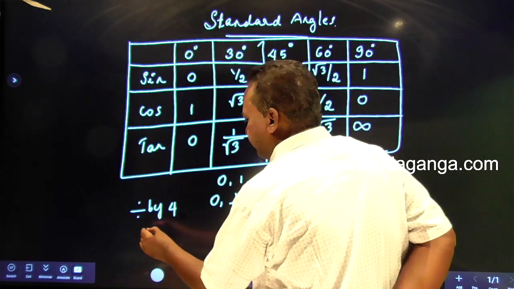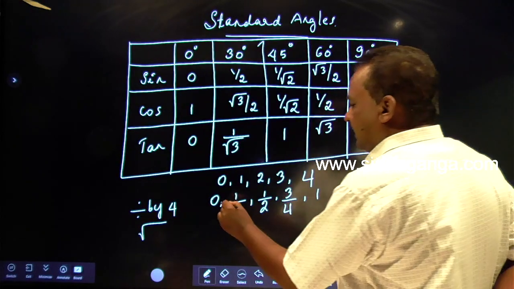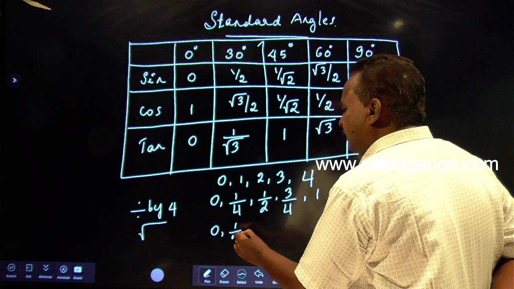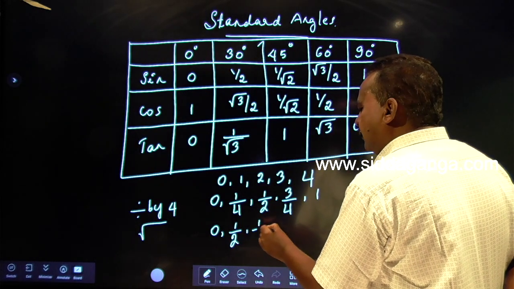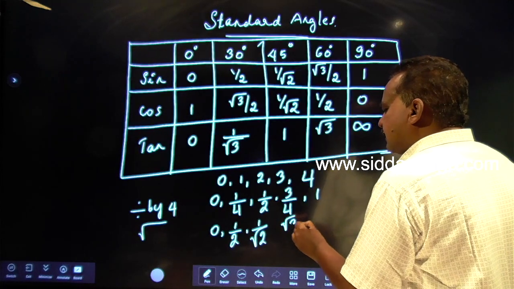Take its square root. Square root of 0, square root of 1 by 4, square root of 1 by 2, square root of 3 by 4, square root of 1.